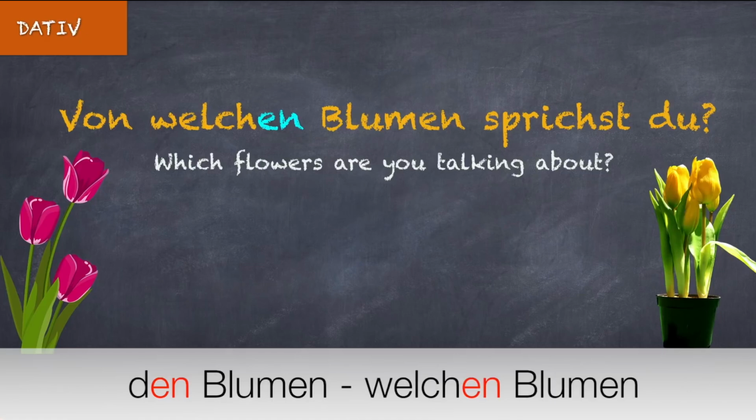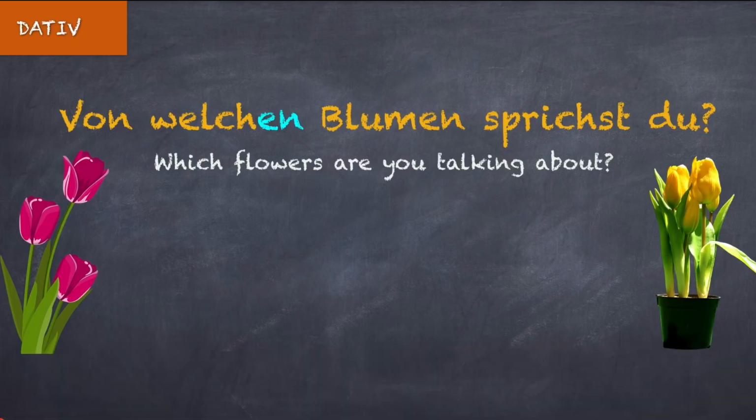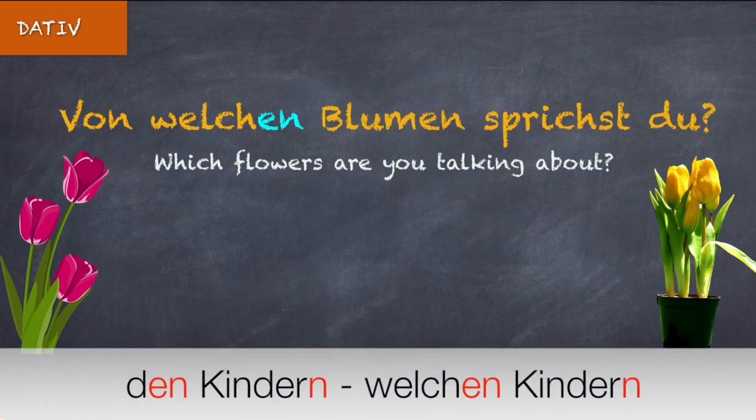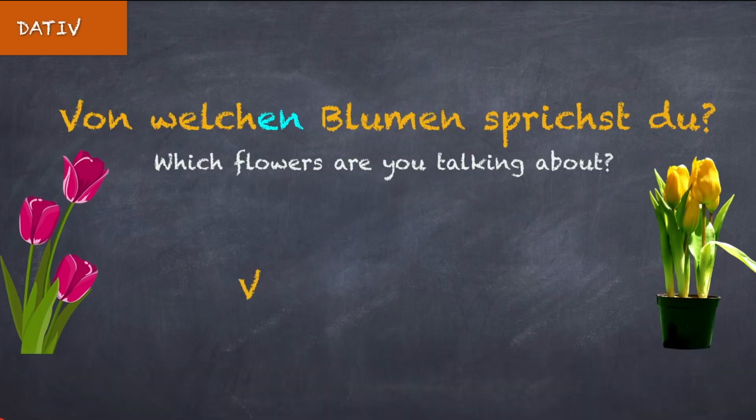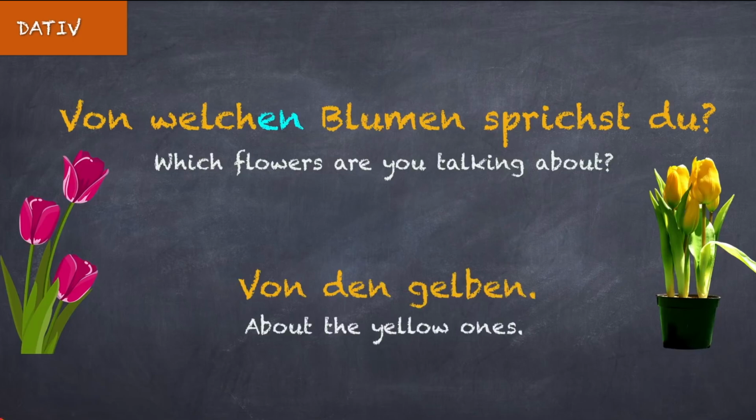Since the plural for Blumen already has an n at the end, there won't be anything extra. But if you were talking about, for example, Kinder, then there would be an extra n in both cases, den Kindern and welchen Kindern. And here's the answer. Von den Gelben.